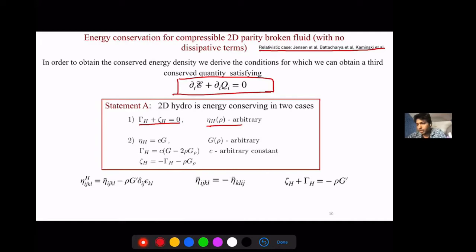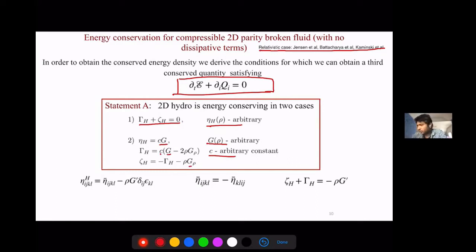The second case is a bit more involved. It's just a linear algebra equation, but it involves an arbitrary function g and an arbitrary constant c. All these transport coefficients are parameterized via this arbitrary constant and arbitrary function. If they have such a structure, that is the second case under which the energy is conserved.